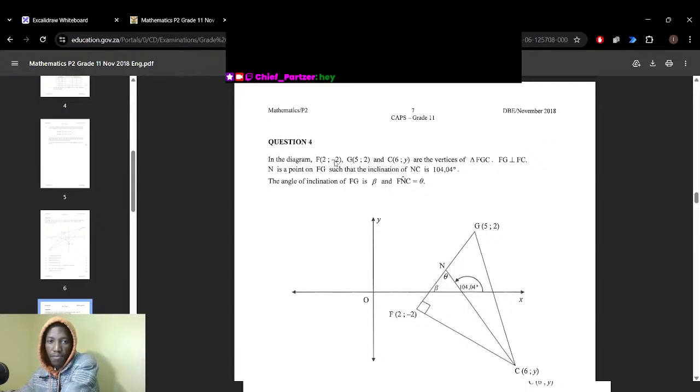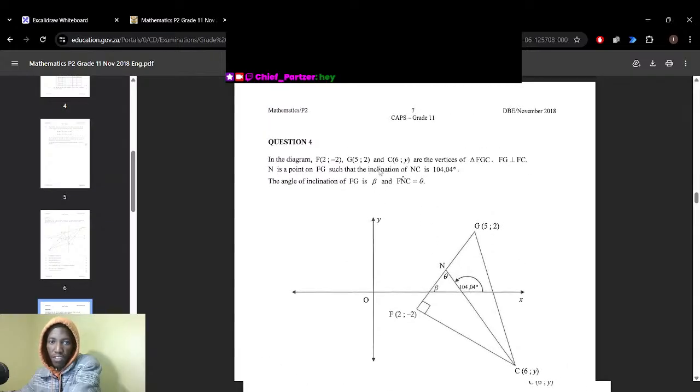In the diagram, F(2; -2), G(5; 2), and C(6; y) are the vertices of triangle FGC. FG is perpendicular to FC. N is a point on FG such that the inclination of NC is 104,04 degrees. The angle of inclination of FG is beta, and angle FNC is equal to theta.